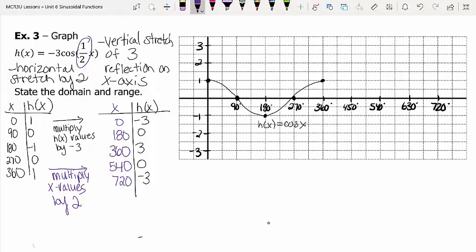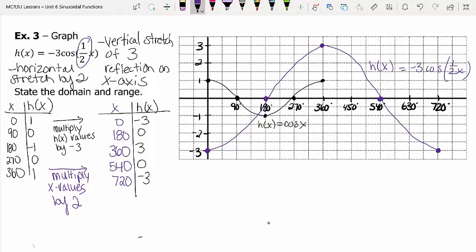So let's plot those. Okay, so there is our final transformed graph.